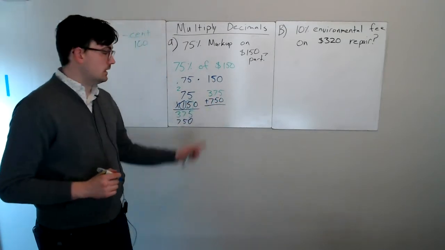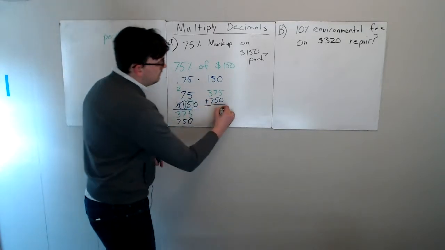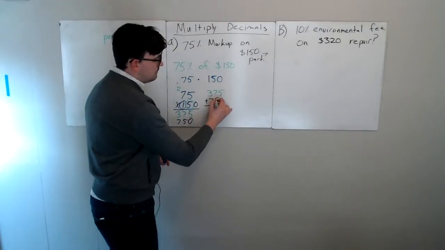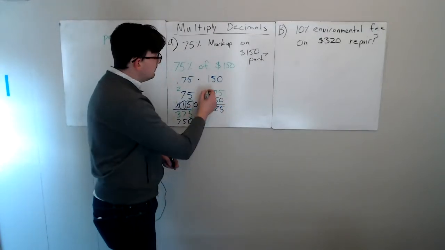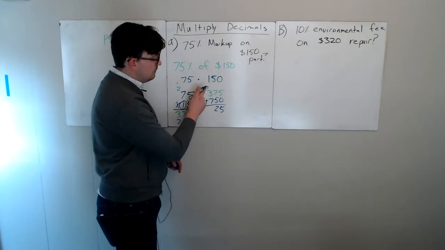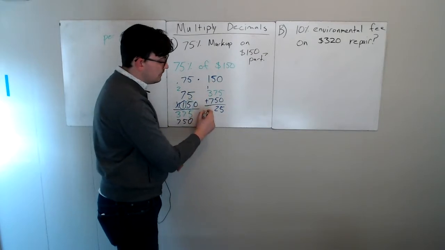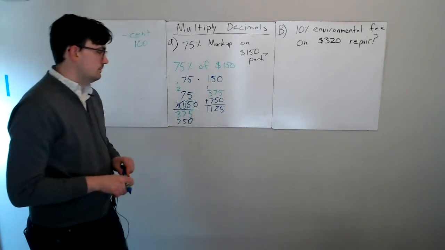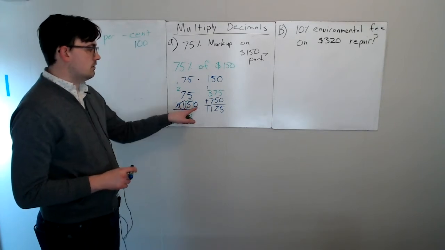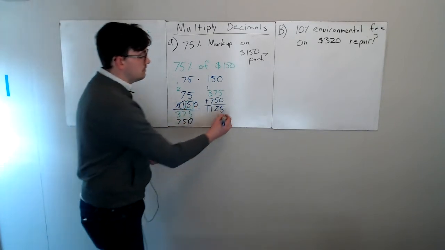I'm going to add those two together. That's going to be 5. 7 plus 5 is 12. Carry the 1. 3 plus 1 is 4, plus 7 is 11. All right, and you'll notice I forgot about the 0. I'll put that 0 back in.